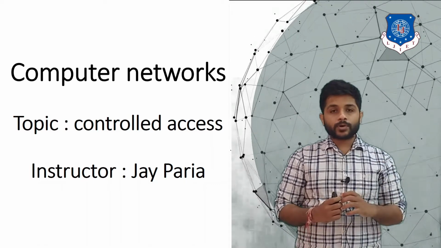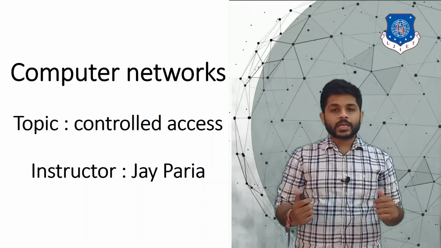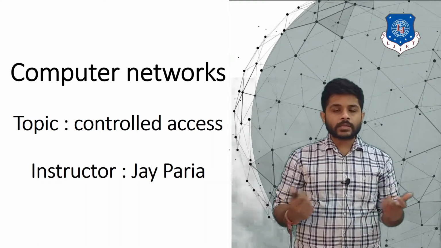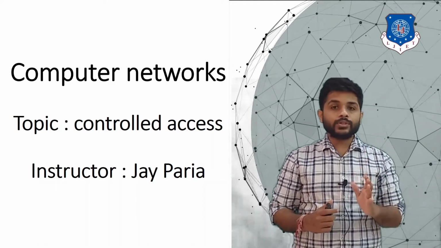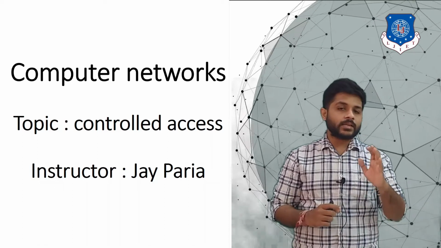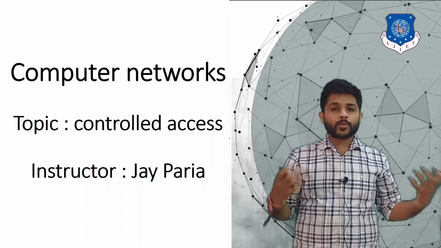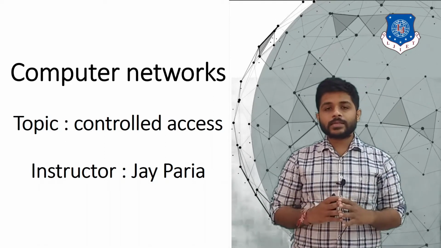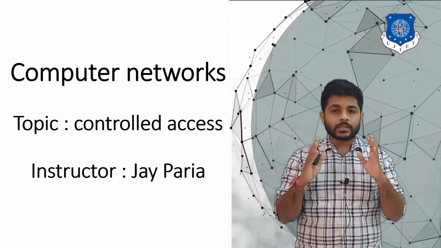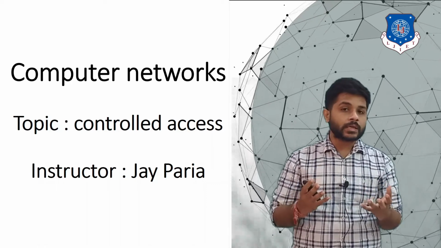In the multiple access protocol, the protocol was implemented in a shared channel. Shared channel means that the channel is used by more than two devices. And when the channel is used by more than two devices, there is a high chance of collision in the network, because if two or more devices start to send data at the same time, that data will collide, and the signal level will change drastically.